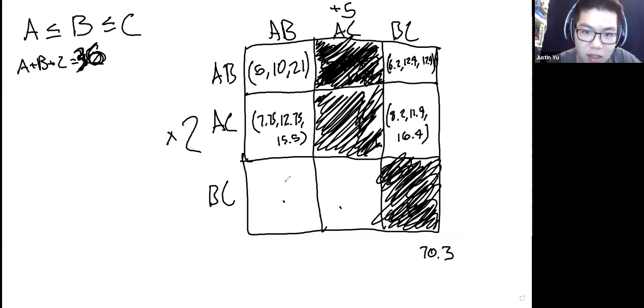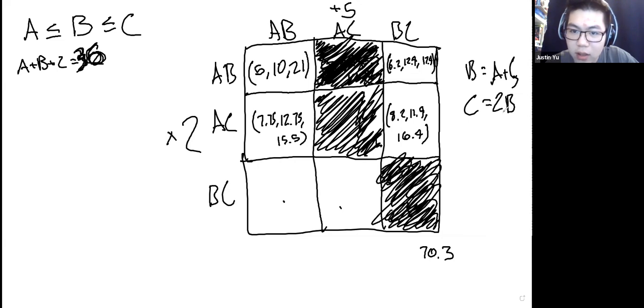Okay, so B is equal to A plus 5. C is equal to 2B. So C is 2a plus 10.